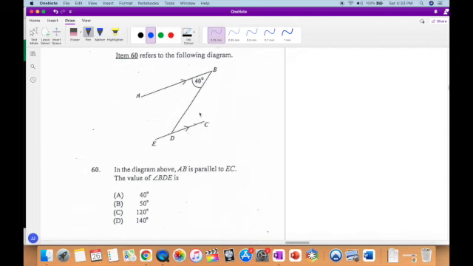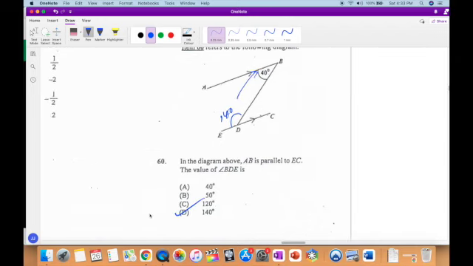So the value of angle BDE, that is this angle here. Well, these 2 angles are co-interior. Co-interior angles add up to 180 degrees. So therefore 140 plus that 40 will give me 180 degrees, and that is that.